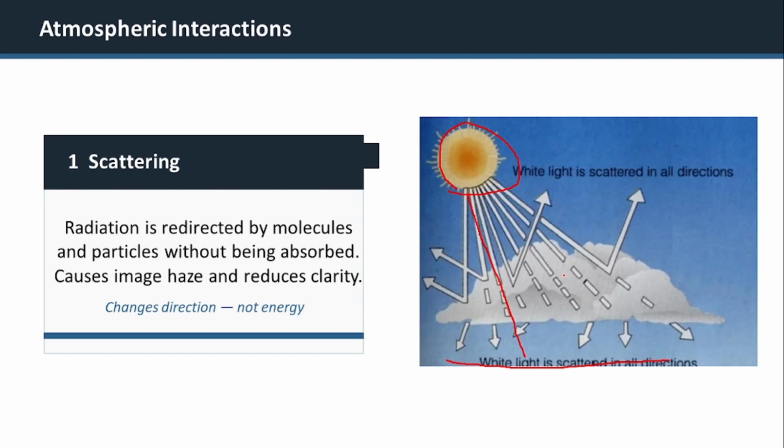When the radiations interact with the particles present in the atmosphere and the radiation is redirected from its direction, this phenomenon is called scattering. Basically, scattering is when the incident radiations are redirected by the molecules or the particles present in the atmosphere, and these radiations are not absorbed but scattered.